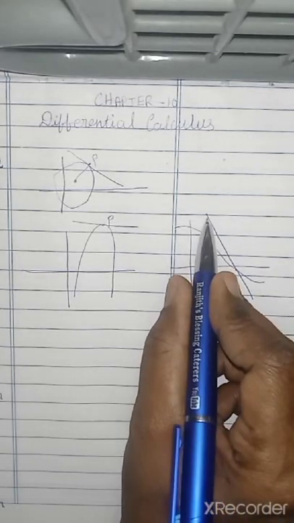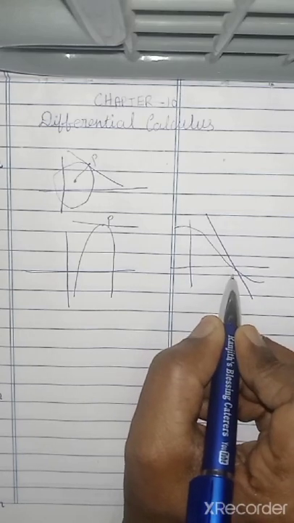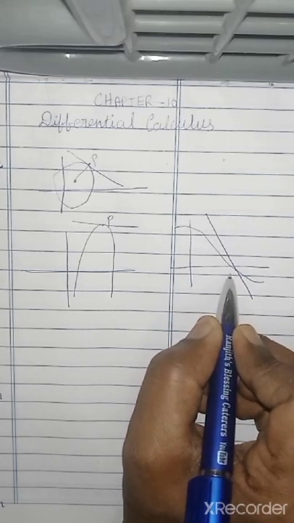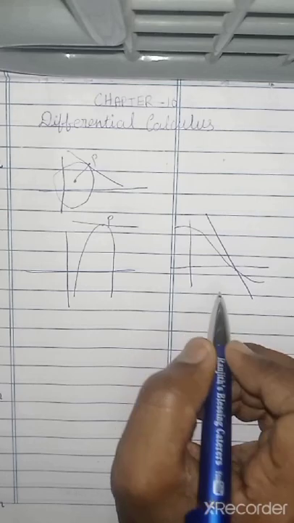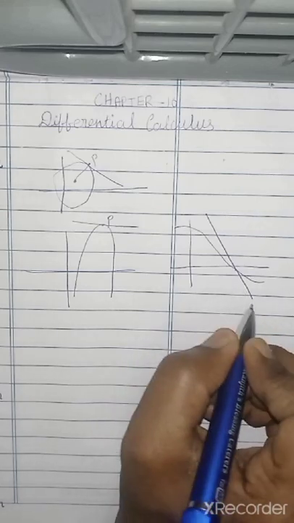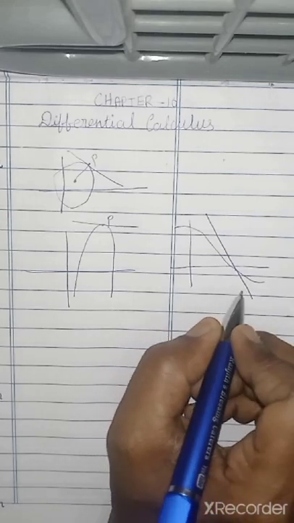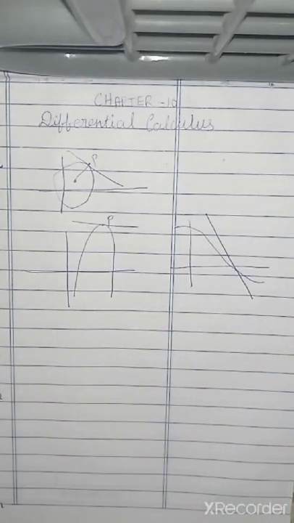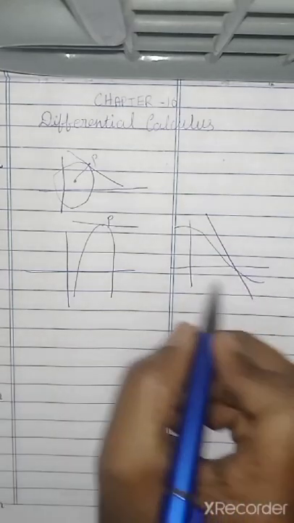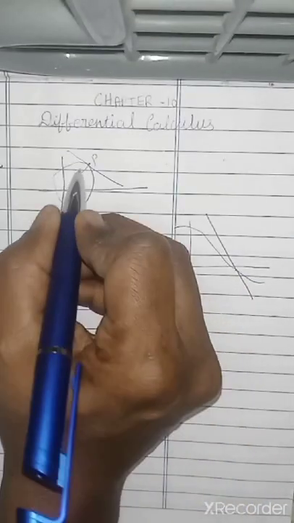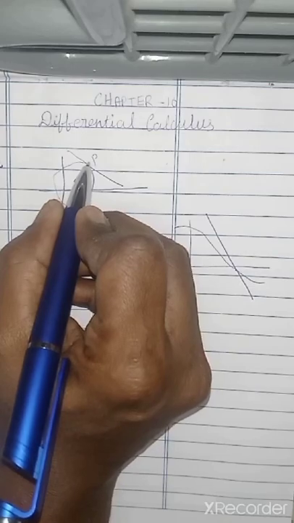We can say this line is a tangent to the curve, but it is not perpendicular to the radius. So in general, what we can say is the line is a tangent to a curve if the line touches or intersects the curve exactly at one point. See, this is also exactly one point, this is also exactly one point.